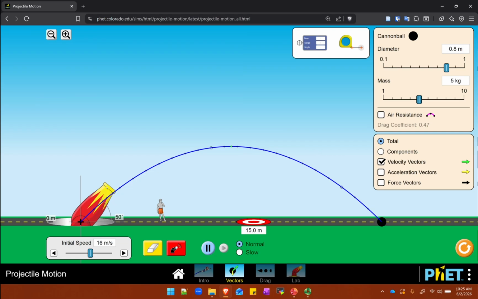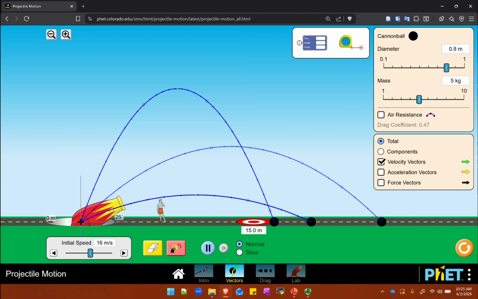So if I change the angle that this cannonball leaves the cannon, it changes things like the maximum height as well as the range, or how far this cannonball travels.